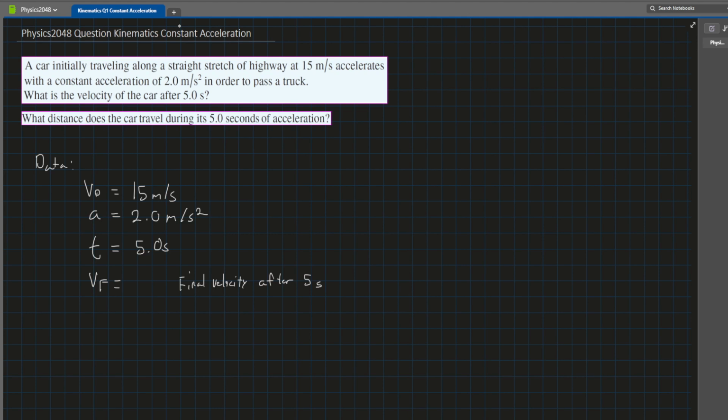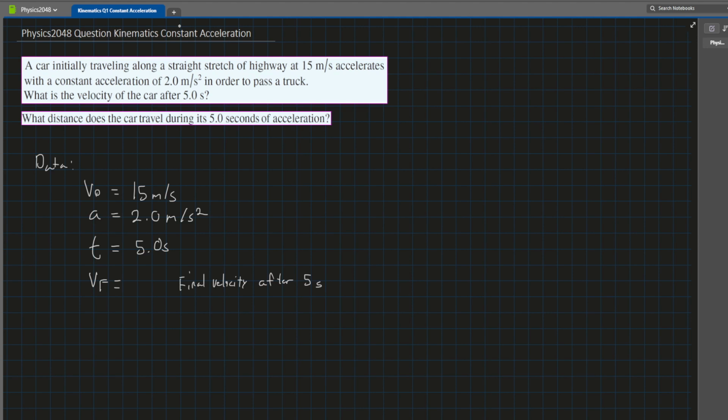In the formulas, we have one which we can use to find the final velocity. We have the time, we have the acceleration, and the initial velocity.